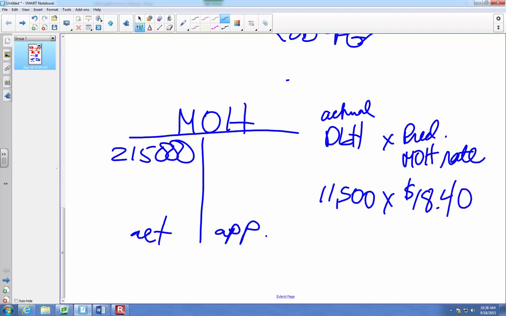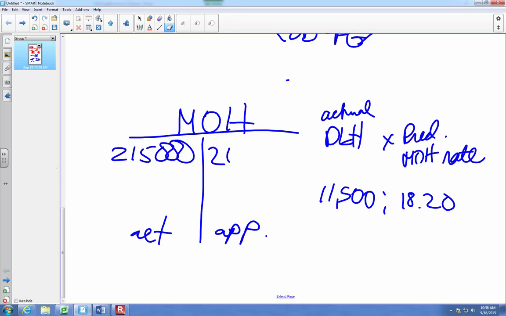So I'm guessing, Jordan, this is the number you were giving me. What's my applied overhead then? It's $80.20. Okay. What's my applied overhead then in total? 2093? Yes?